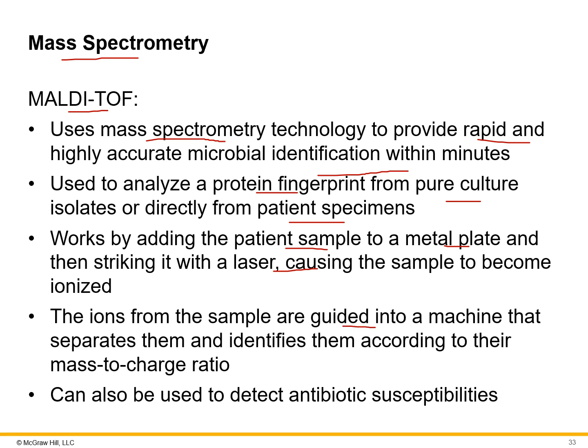The ions are guided into this machine and it separates them, kind of like electrophoresis, but on a different scale. It identifies them according to their mass to charge ratio. So how much charge they pick up based on how big or their mass, how much room they take up. That mass to charge ratio is then detected as peaks, as we'll see here in a second. And it can also look at antibiotic susceptibility, so whether an antibiotic is able to treat a certain microbe.